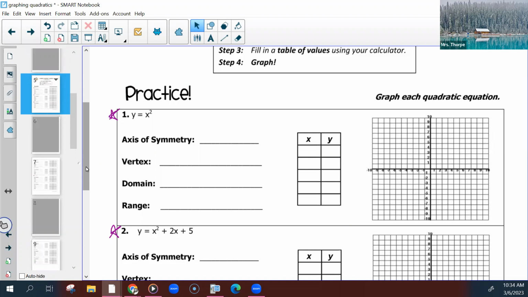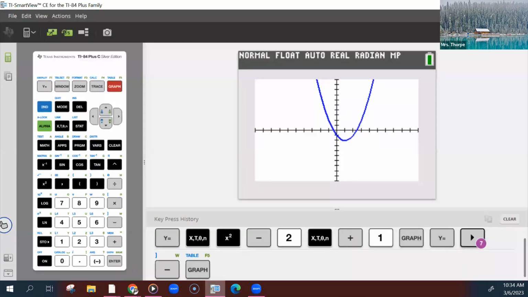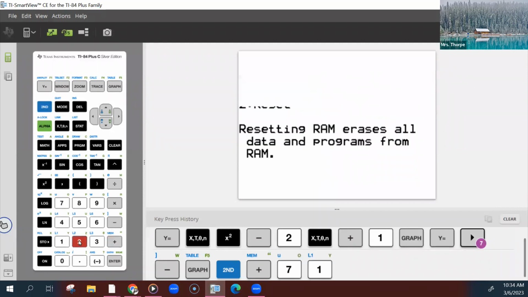All right, so number 2, we're gonna do that one completely on the table, and then the last one we'll try to do mostly on the graph. So first, reset your calculator. Second plus 712.